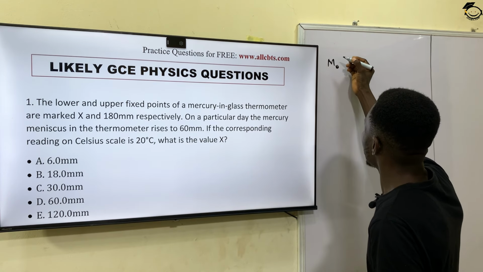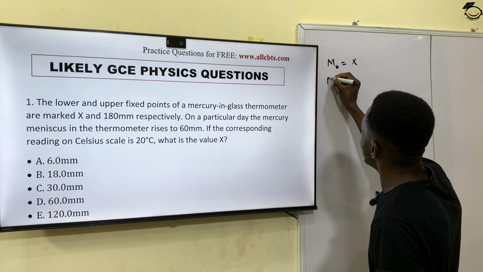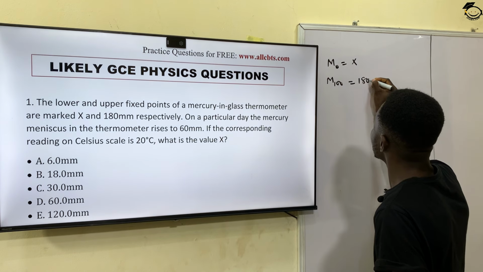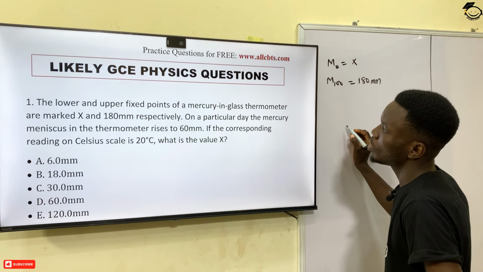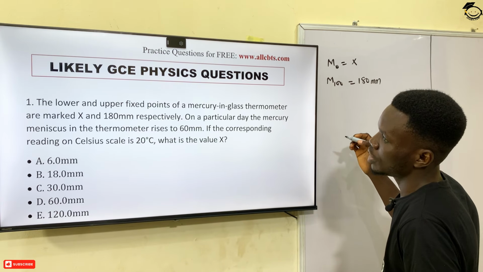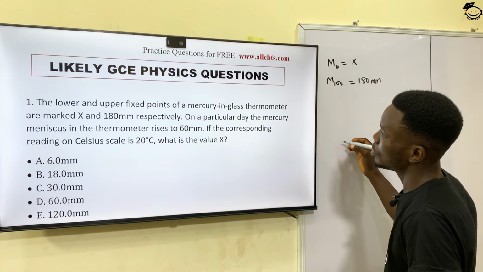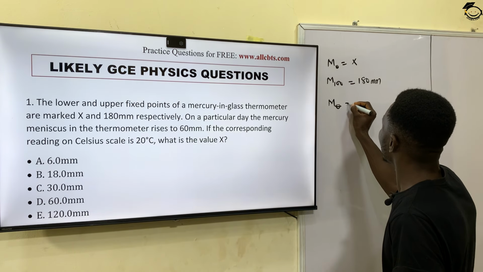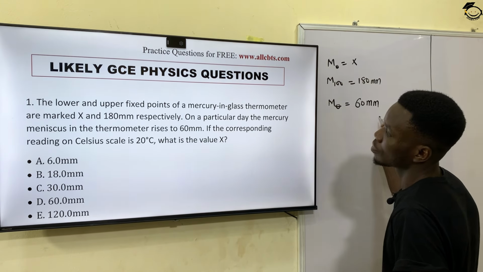This is mercury, so that's why I'm using M. So M naught is X, and M100, that's the upper fixed point, is marked 180 millimeters respectively. On a particular day, the mercury meniscus in the thermometer rises to 60 millimeters. So M theta on that particular day was 60 millimeters.